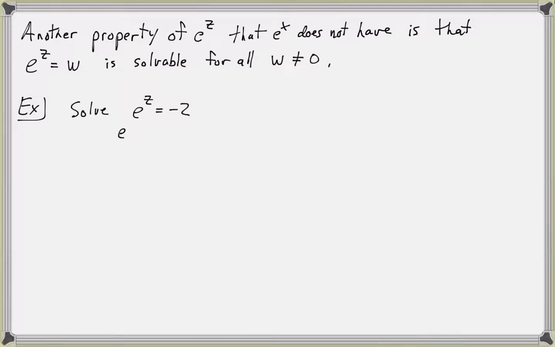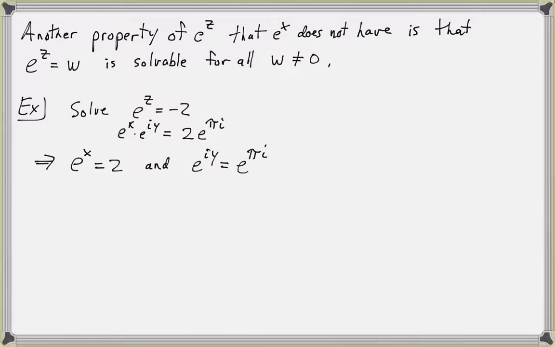Well, e to the z is e to the x times e to the iy. And I'm going to write minus 2 in its polar form. The absolute value of negative 2 is 2, and so this is 2 times negative 1, and negative 1 is e to the pi i. So this implies that e to the x, which would be the modulus of e to the z, must equal 2. Then the term e to the iy must equal e to the pi i.